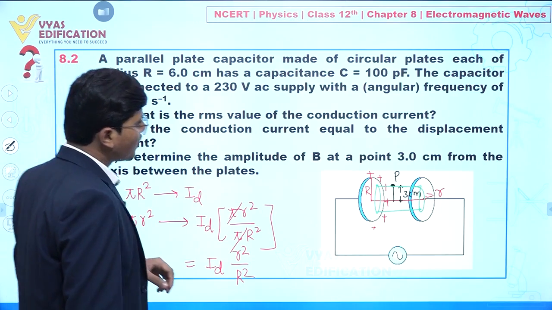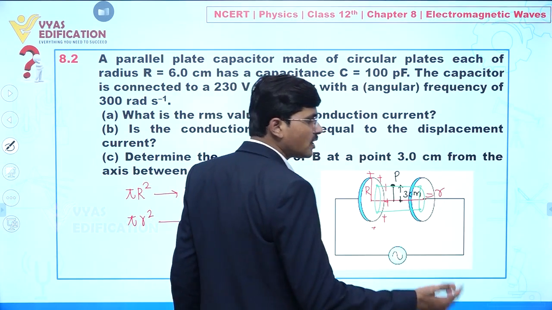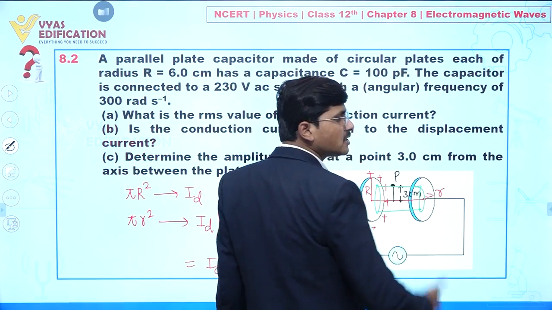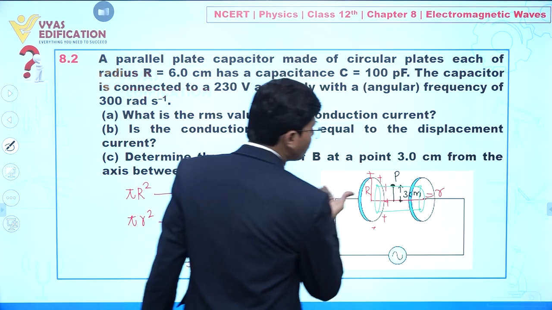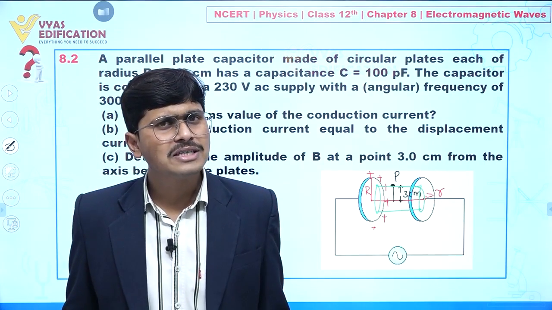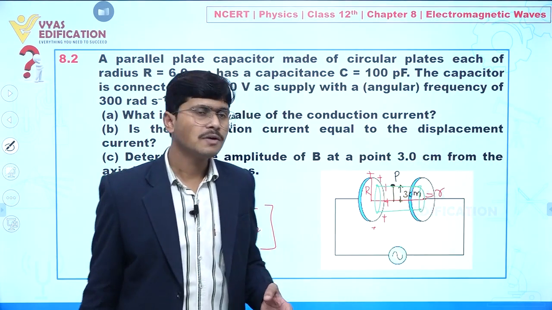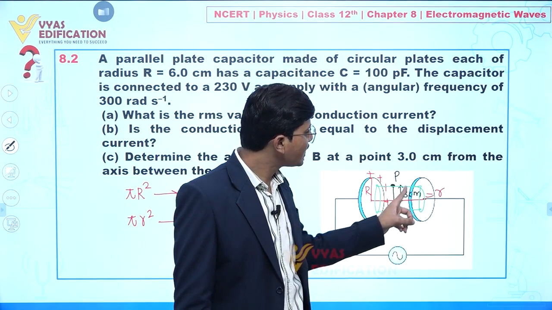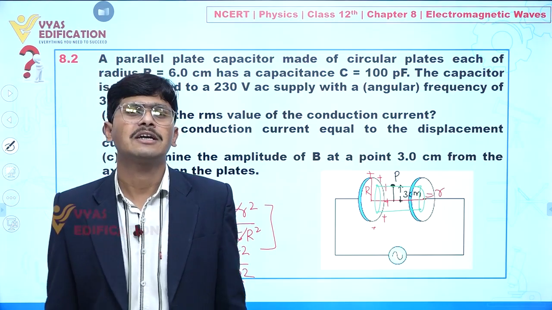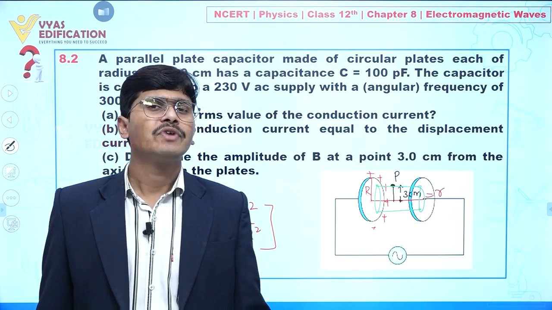Now you can say, sir, how is this magnetic field produced here? Imagine there is no physical conducting wire present here, but we are assuming the concept that displacement current is flowing. If I put my thumb in this direction, the curling fingers represent the direction of the magnetic field. Now you can ask, sir, how do we know there is a displacement current? Practically we observe that if we bring a magnetic compass between these parallel plates, the magnetic needle deflects, and a needle deflects only when there is a magnetic field.